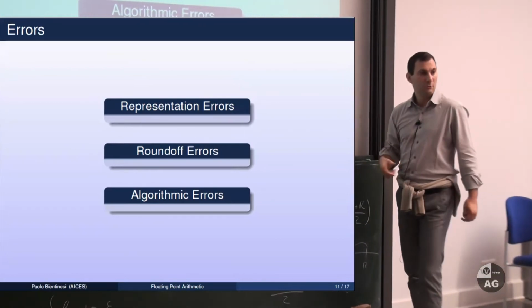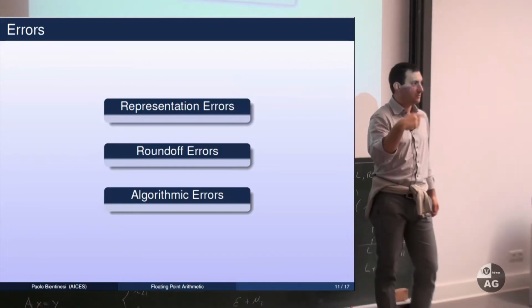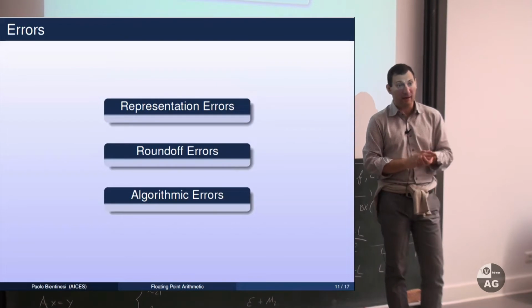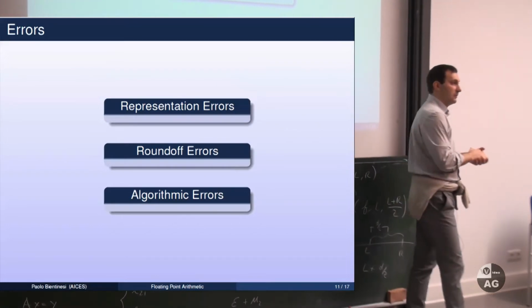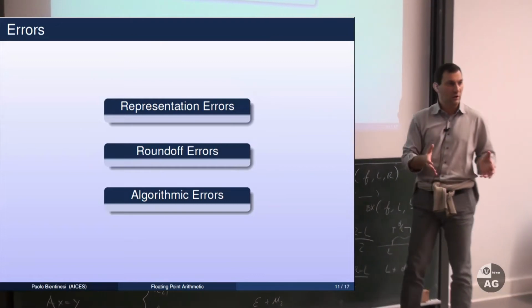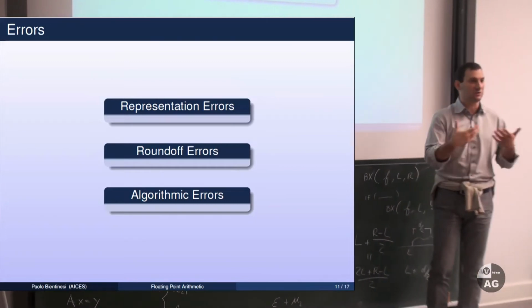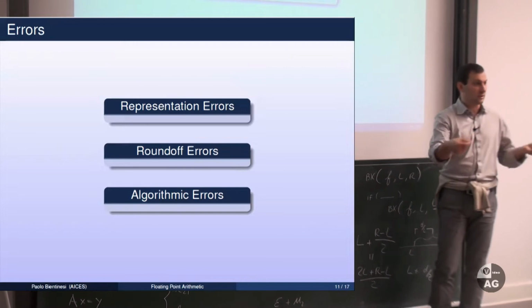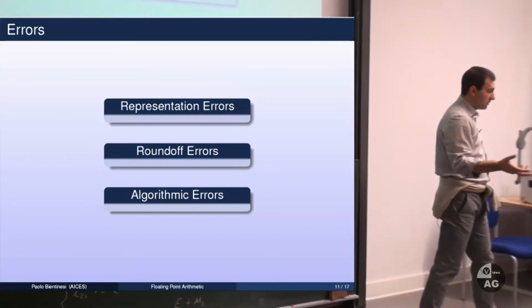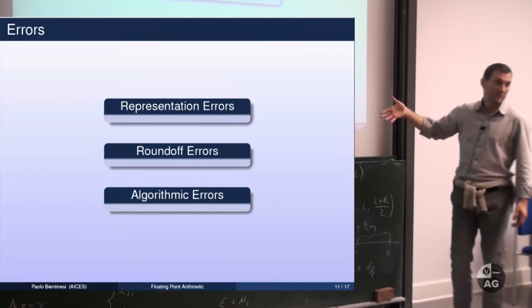I showed you, we wanted to compute pi squared over 6. How to do that? Well, you have to add up an infinite number of terms. Clearly, we have to truncate at some point. So our algorithm is an approximation of the mathematical function. So algorithmic errors. In your code, most likely, you will have all of them.